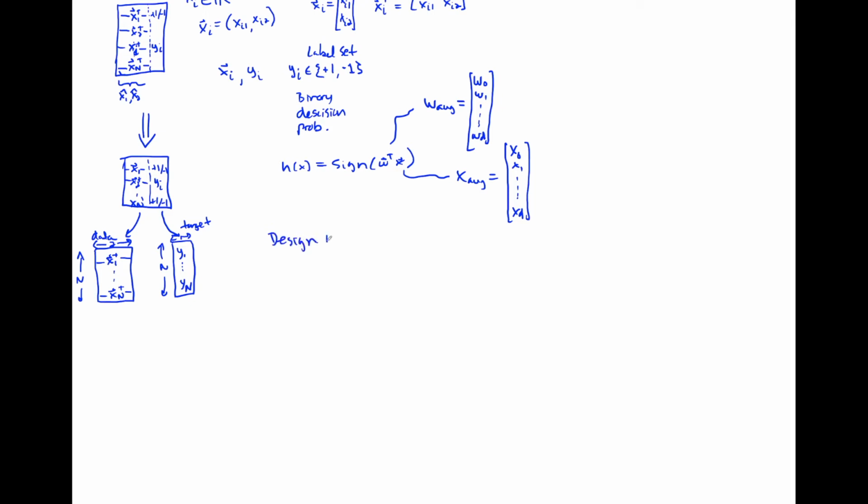A design matrix is nothing more than a matrix whose rows or columns are going to be the individual data points. And so we're going to start out with some big matrix X, and what we're going to do with X is we're going to place in each of its rows or columns, in this case we're going to choose columns, each one of our input vectors.